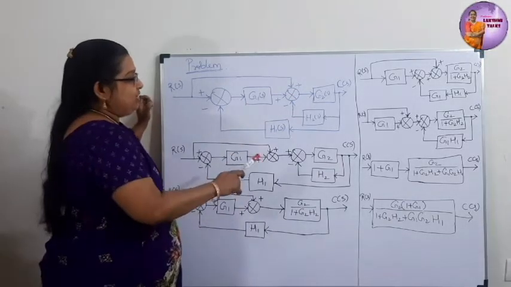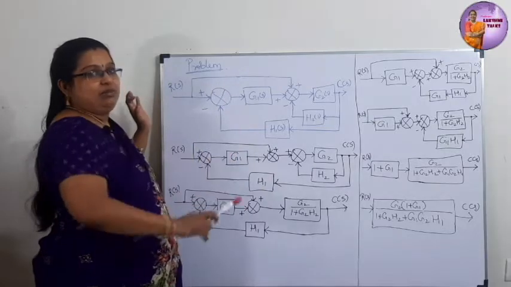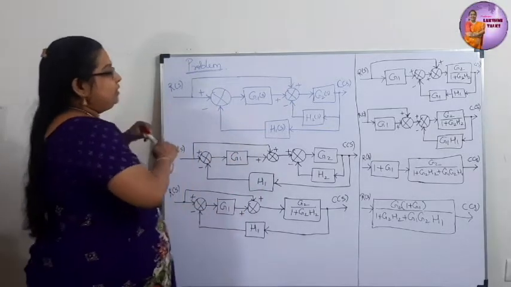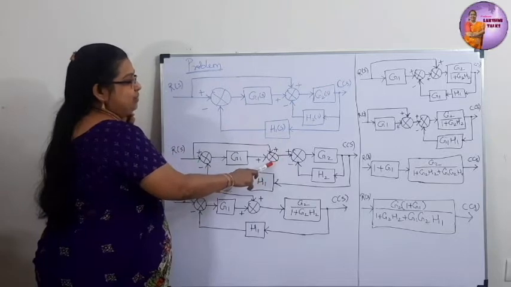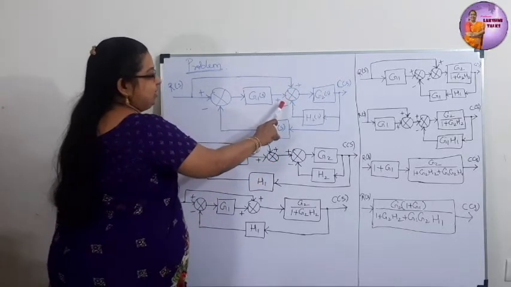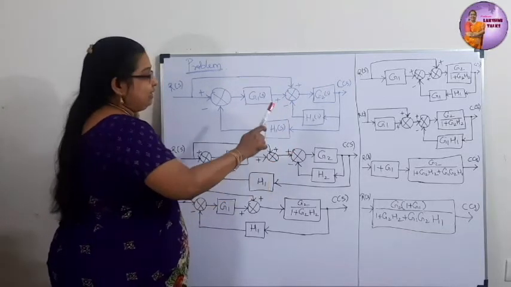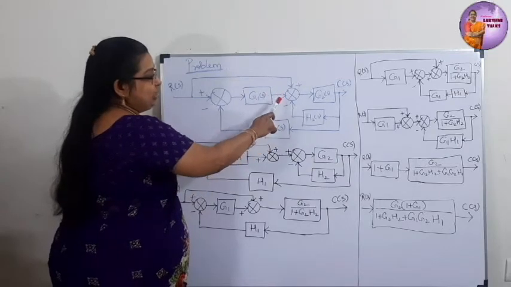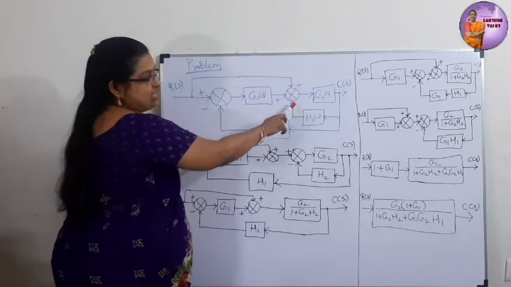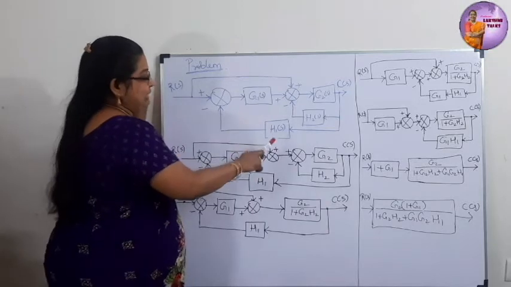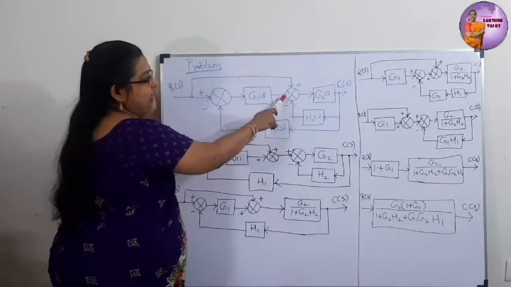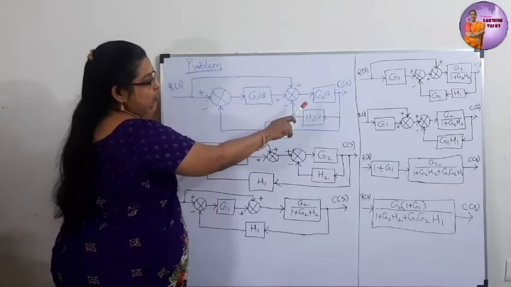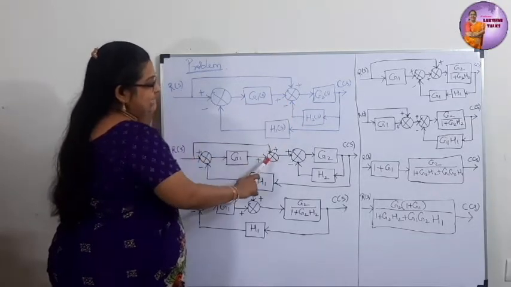So what we can do is, first let us split the summer into 2. So the first step is to split the summer. Now we have split the summer into 2. I have already told you that once splitting, we have to check only the signs of the signals that are coming to the summer. There are 2 inputs with positive sign and one with negative sign.